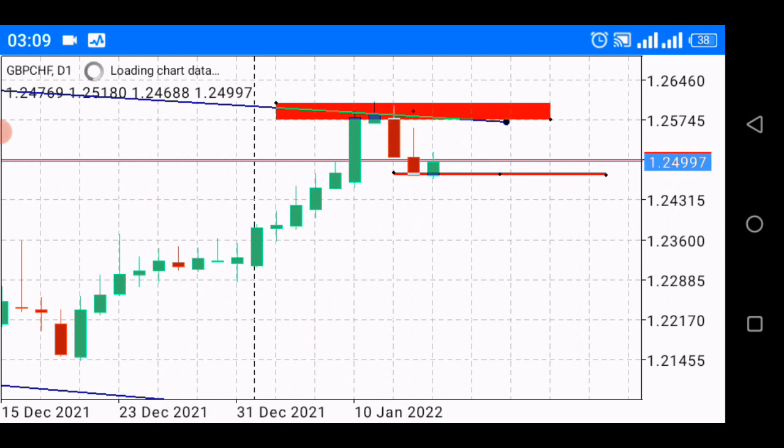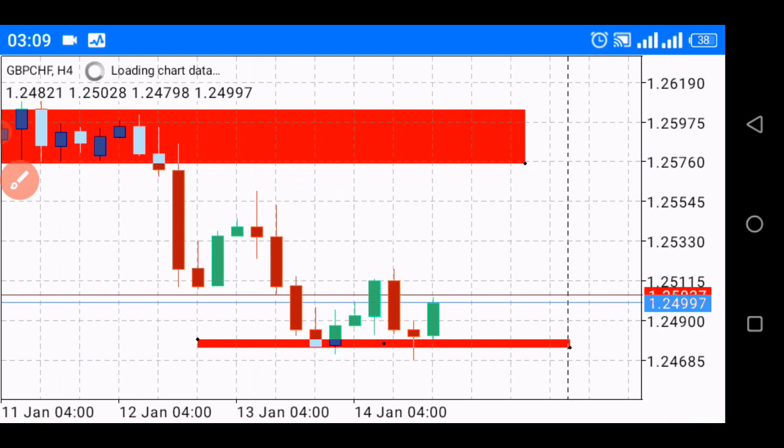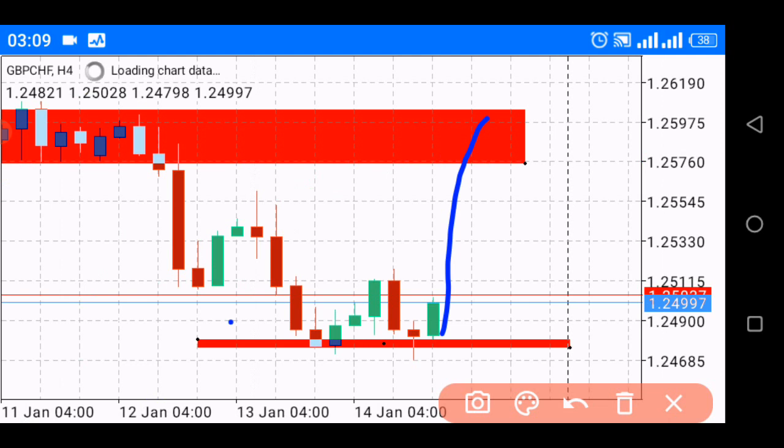and in the 4 hours I'm seeing a W formation. That has given me reason that probably the market is going here, or the market may come here and break it.